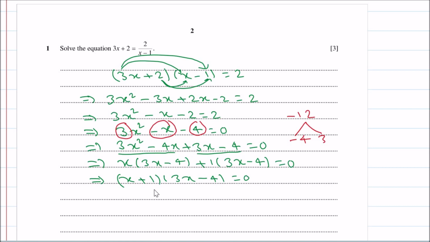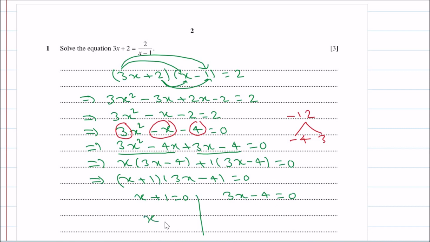Now using the zero product property, we can write both the factors equal to 0 separately. So let me write here x plus 1 equal to 0, and on the other side we can write 3x minus 4 equal to 0. As we have a quadratic, we will get two values of x.